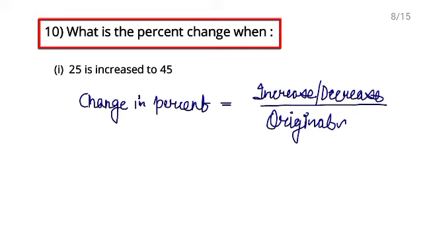You can say original value or original amount. Okay, I am writing here original value.